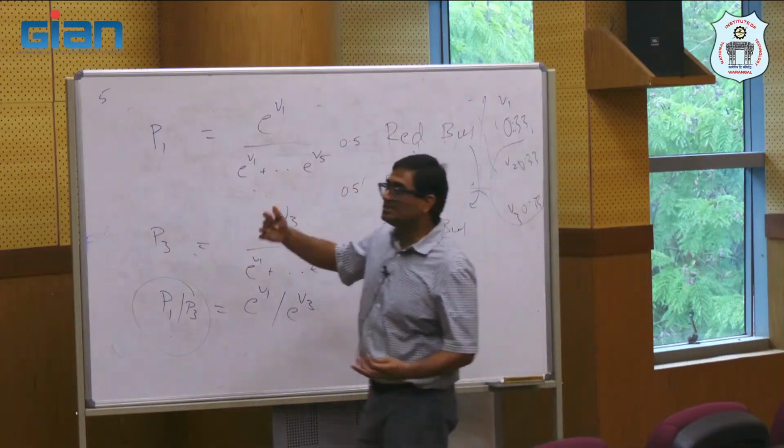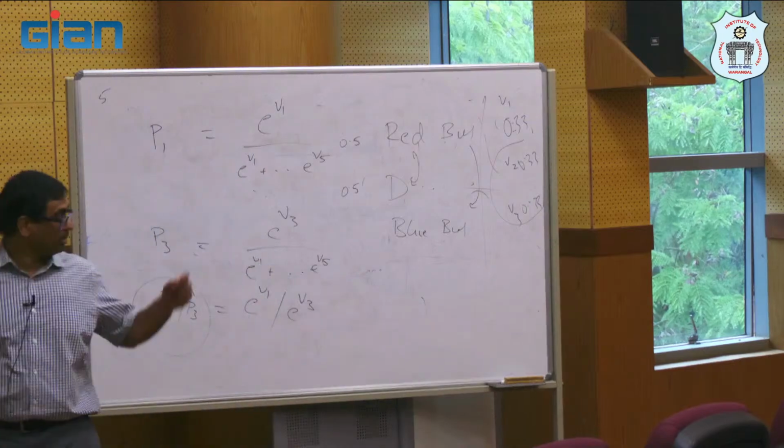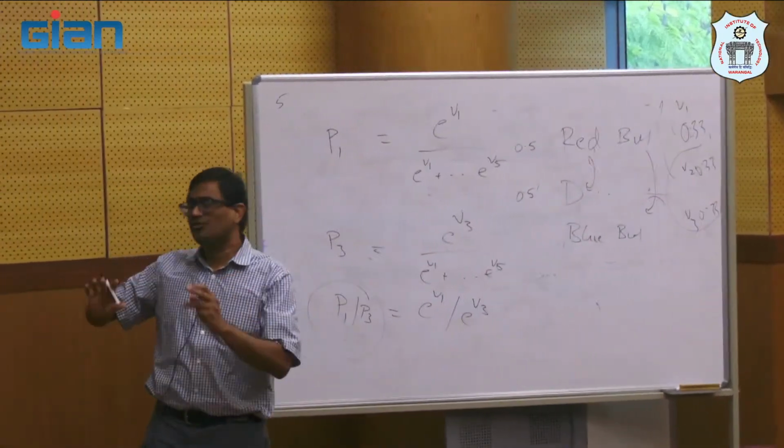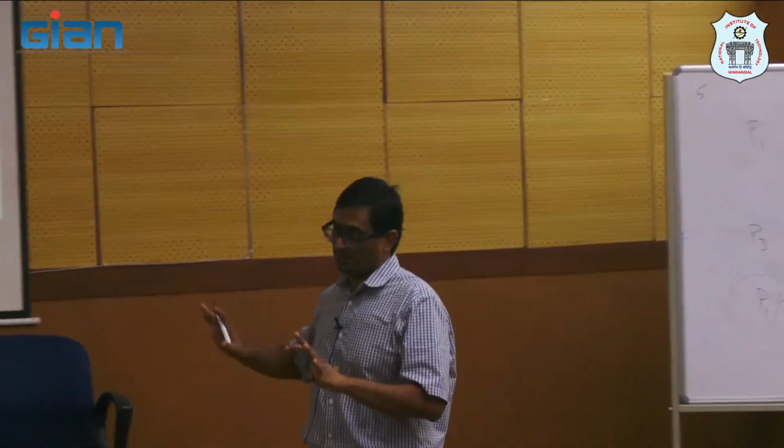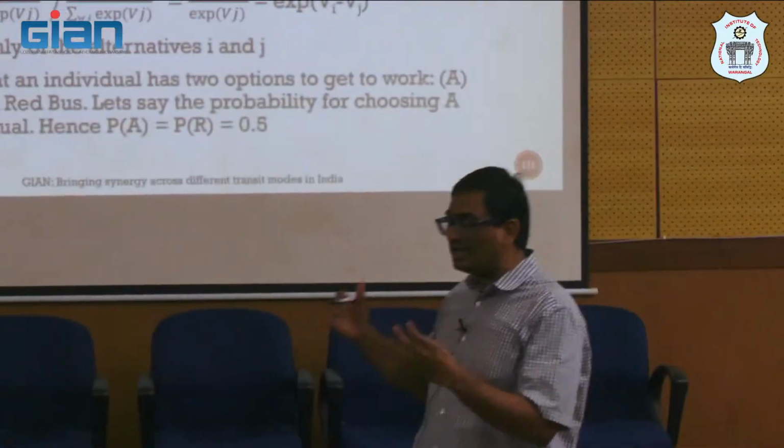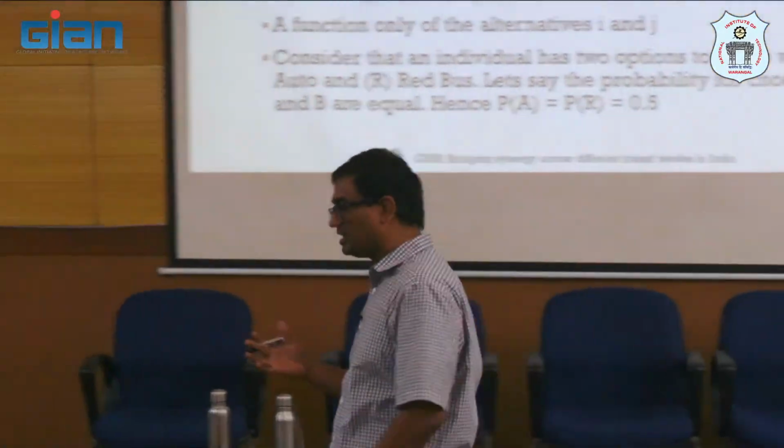Right? So this is the manifestation of the problem of independence of irrelevant alternatives. Again, this is a very absurd example. In reality, IIA is not this bad. It doesn't create such an issue. But this is just to show you at an extreme, it can be very bad. You wouldn't know when you develop your model and run your analysis how much role IIA is playing unless you test for it.